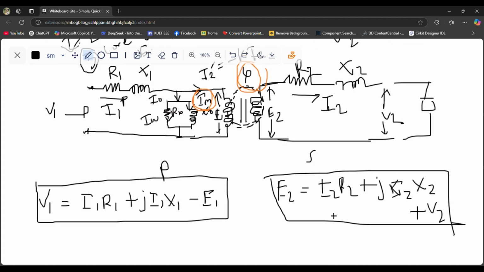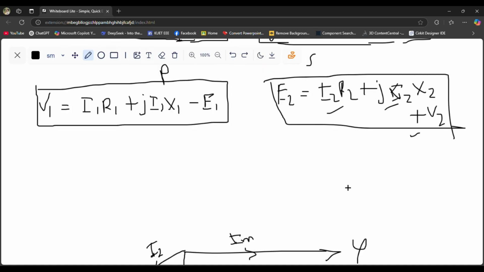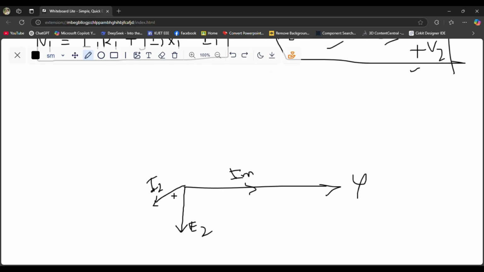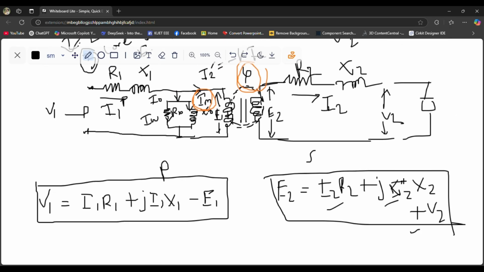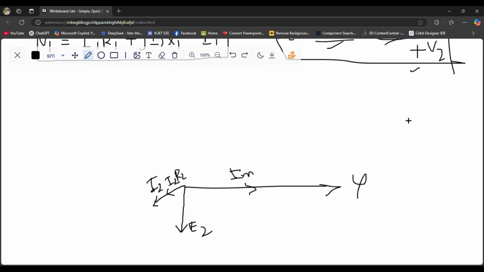Then we have to draw these voltage components. First of all, take these resistive components. These resistive components will be in phase with this I2. So I have to draw I2 R2 like this. Then these reactive components will be leading this I2 by 90 degrees. So I have to draw like this.